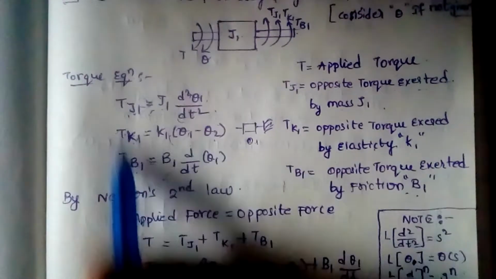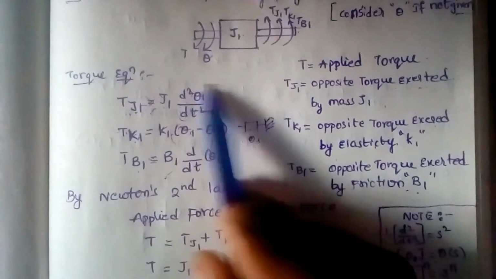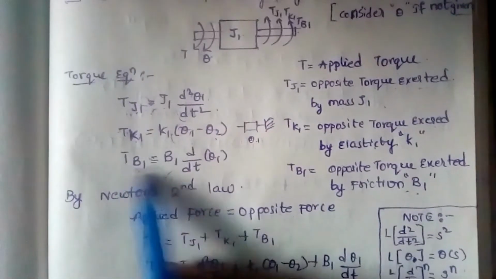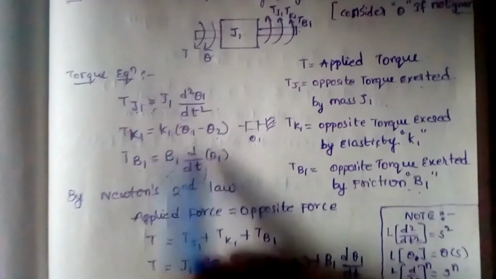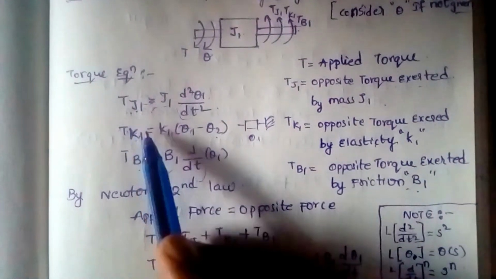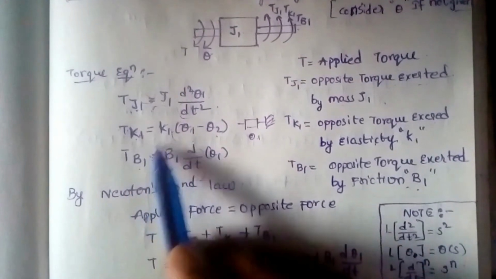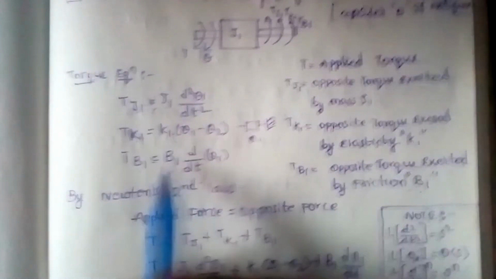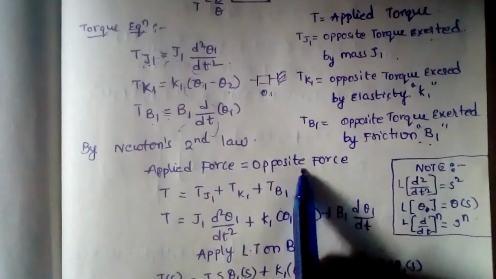Why am I saying it this way? Because you can easily forget. Mass element torque means d square. Friction by dashpot or surface means d by dt. And Tk1 means spring elasticity, the torque due to the elasticity. By Newton's second law, applied force is equal to opposite force.